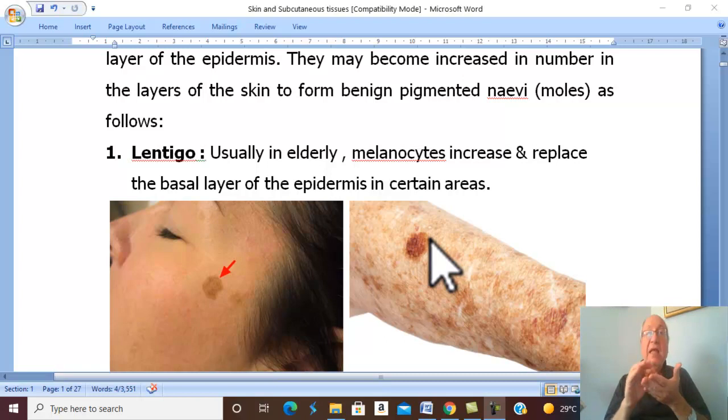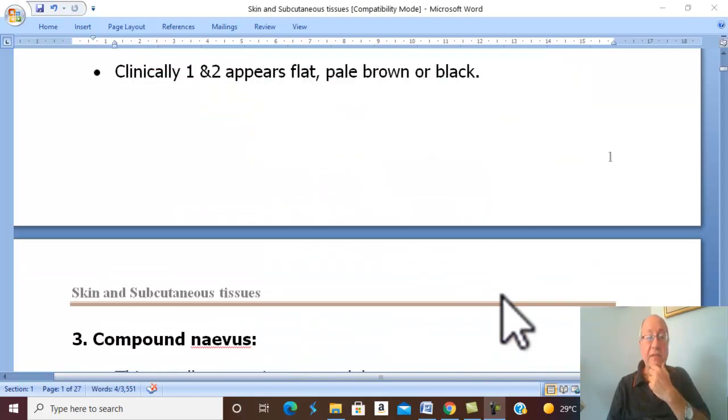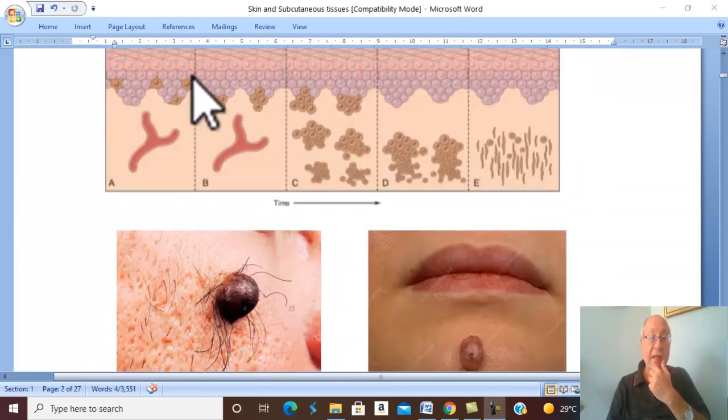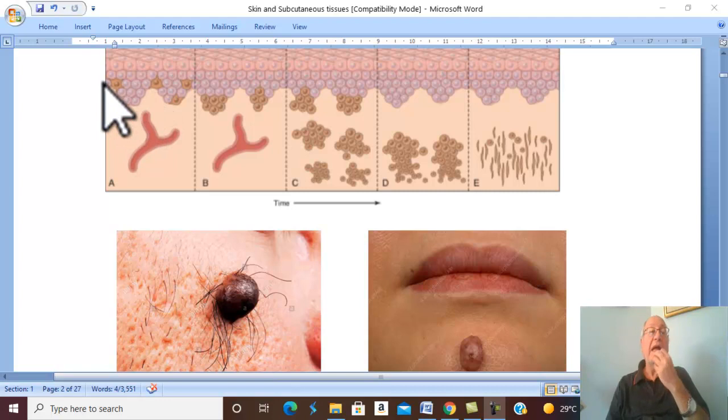Melanocytes increase and replace the basal layer of the epidermis in certain areas. For example, in this area, the basal layer of the epidermis is completely replaced by melanocytes, and this is called lentigo.